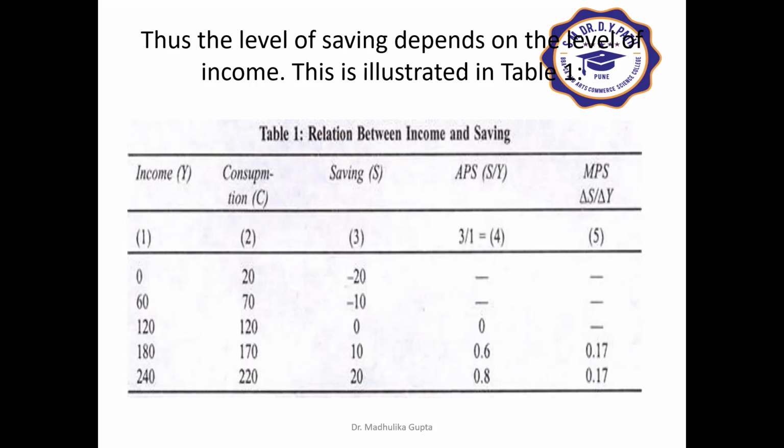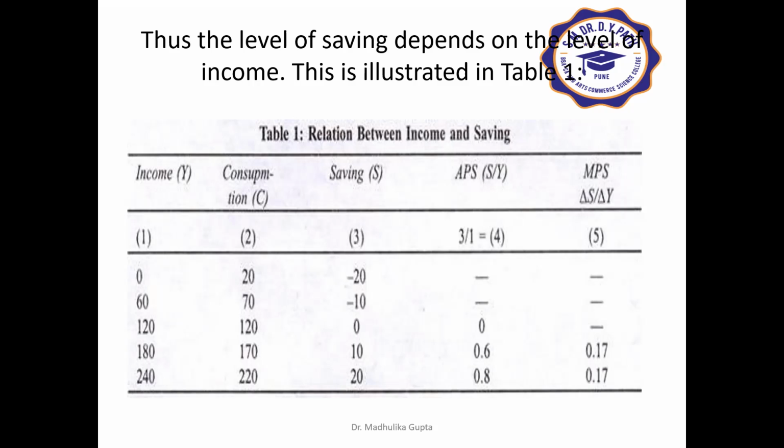As income increases further by 60 crore, the savings increase by 10 crores. The income increases from 120 to 180, so the saving increases. It shows that as income increases, saving also increases, but less than proportionately, not at the same rate.